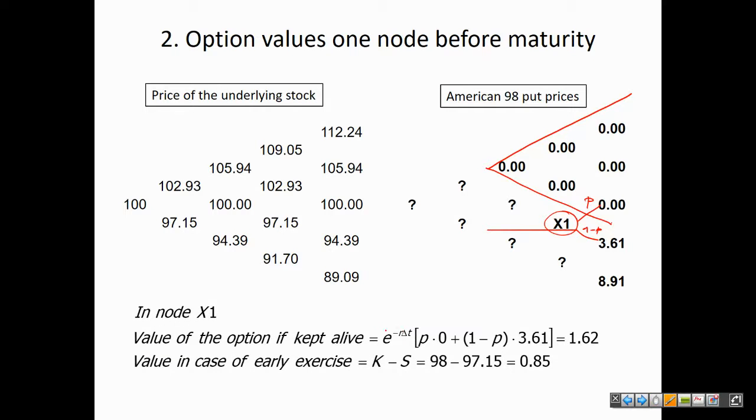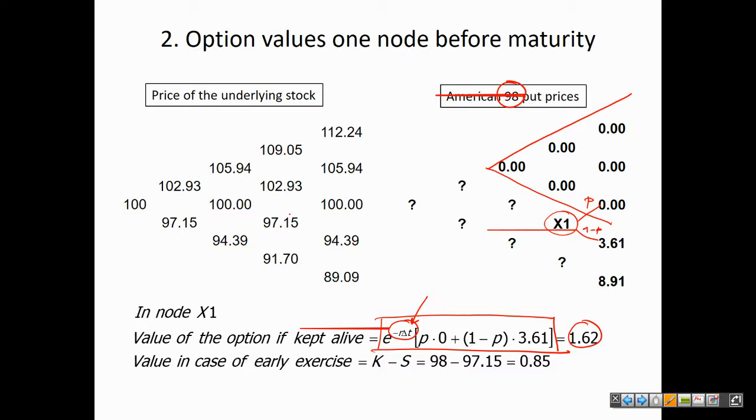The value of the option, if kept alive, is precisely the discounted value for 1 period. So please note that here I'm discounting for delta t, which is the node, not clearly for the full T, obviously, of p times 0 plus 1 minus p times 361, which happens to be 162. In order to calculate early exercise, I should consider that I can sell anytime at 98.